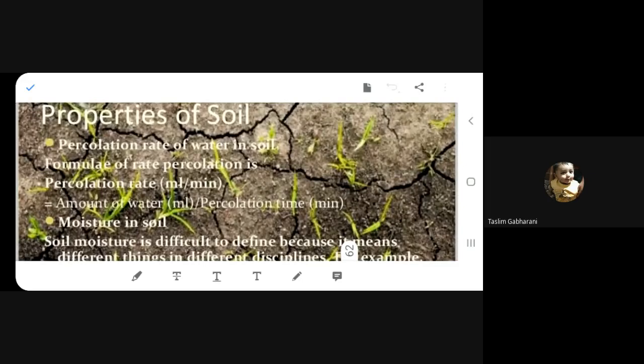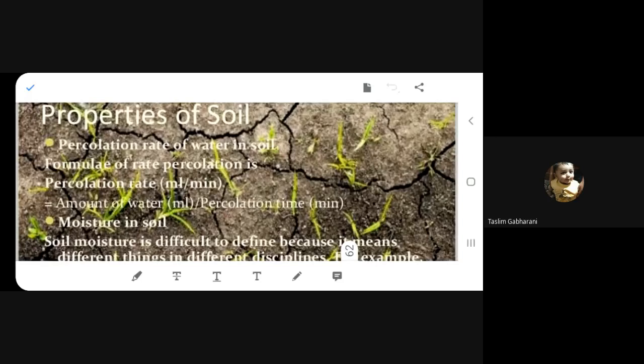Properties of soil. Percolation rate of water in soil. Formula of percolation rate is percolation rate equals amount of water in milliliter divided by percolation time in minutes.